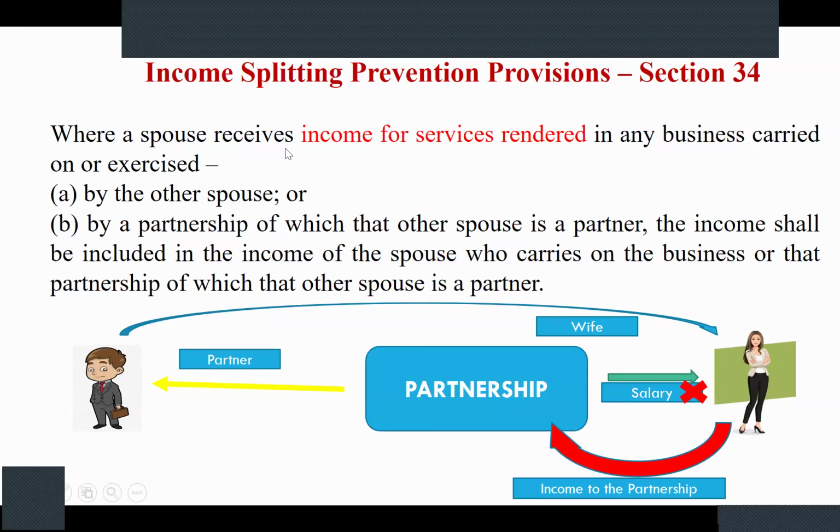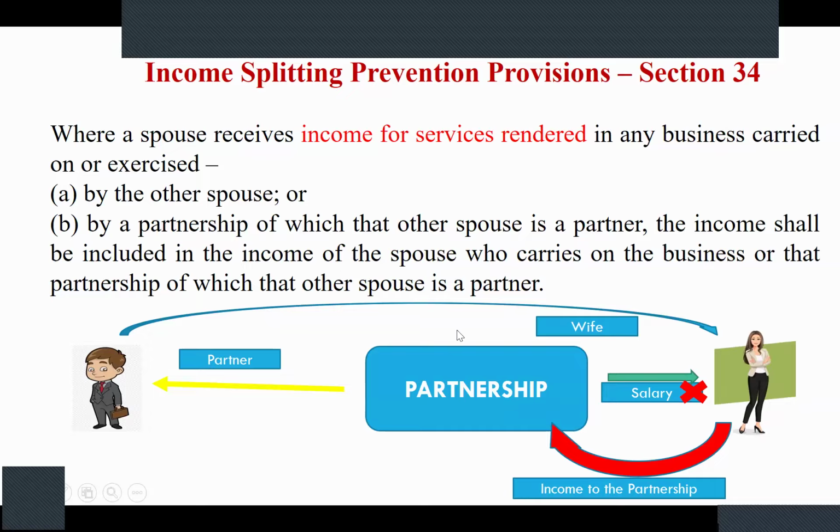Where a spouse receives income for services rendered in any business carried on by the other spouse, that means the other spouse is running some business and pays salaries to his wife, or sometimes a wife has a partnership and pays salaries to her husband. We call it income splitting, so it is not permitted.